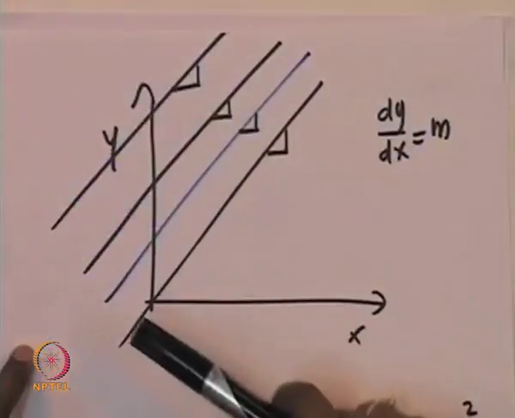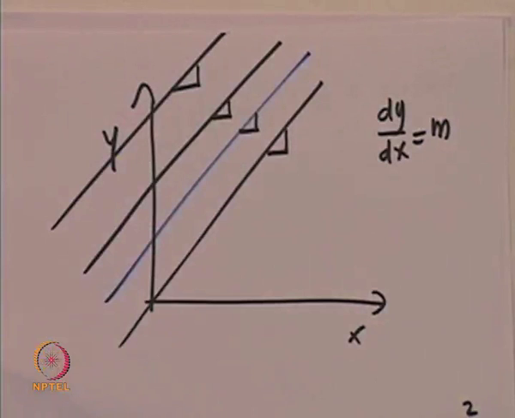But for the moment, understand that if somebody tells you to draw a curve with slope m, what would you do? You would draw any of these curves. If you draw any of these, you have the correct answer, you are doing the right thing. So, essentially that is what is happening here.